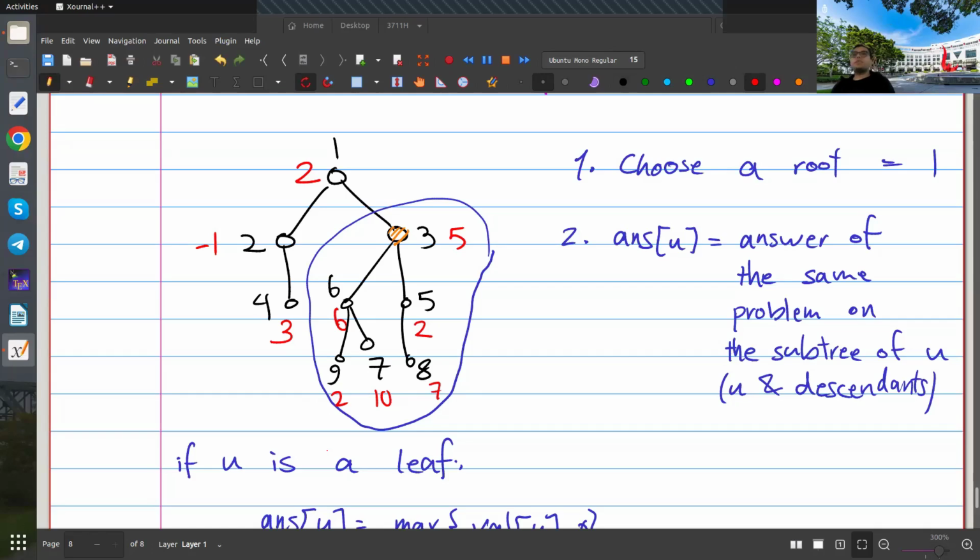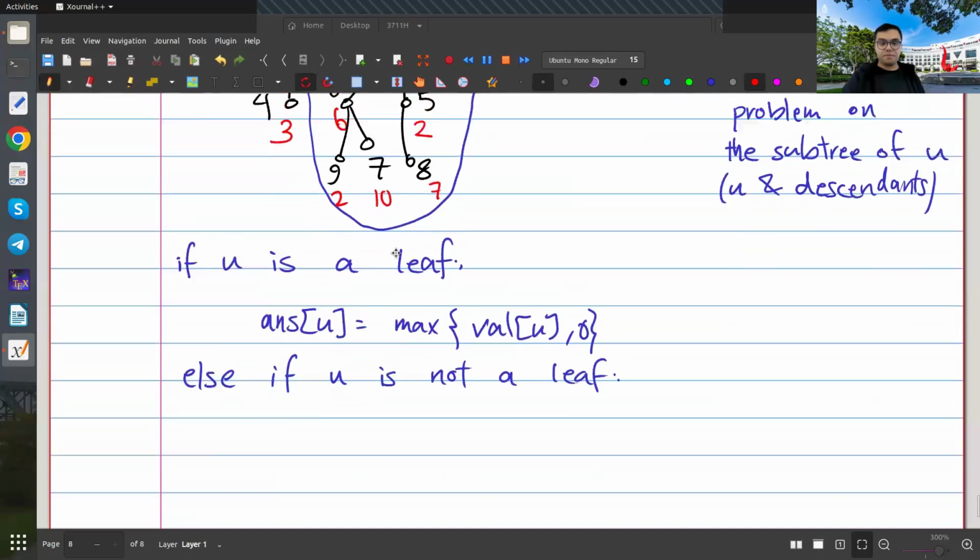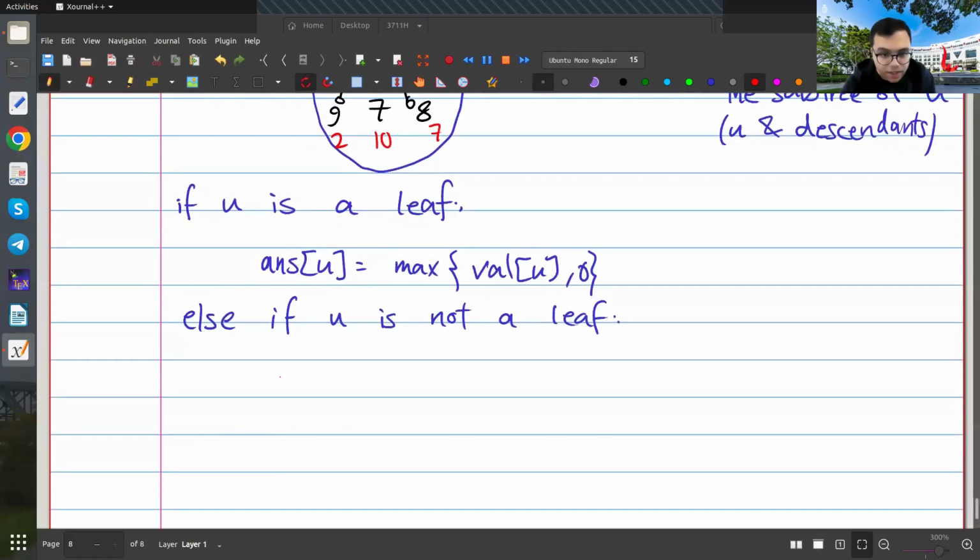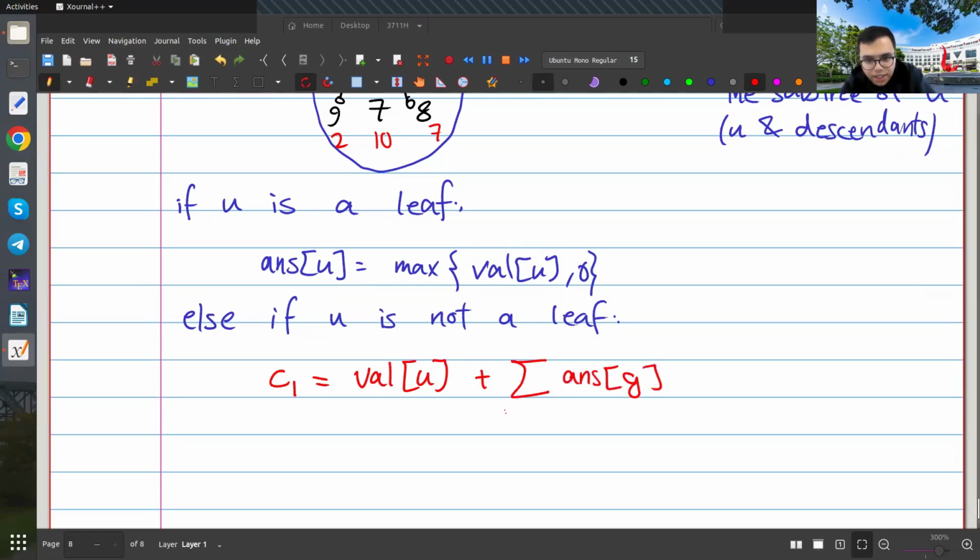Right? So in this case, my answer is just the value of the root plus the sum of the answers at all of the grandchildren of the root. Okay. So I call this case 1, and I say that case 1 is the value of the vertex u plus the sum of the answers at all vertices g, such that g is a grandchild of u. Okay, this is my first case.